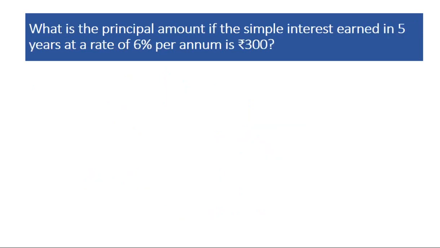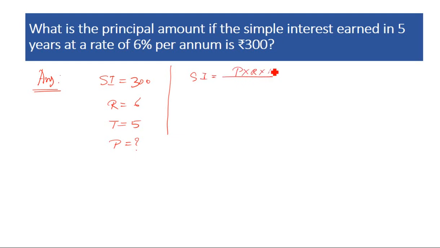What is the principal amount if the simple interest earned in 5 years at a rate of 6% per annum is 300? SI is equal to 300, R is equal to 6, T is equal to 5, P is equal to what? SI is equal to P into R into T by 100.